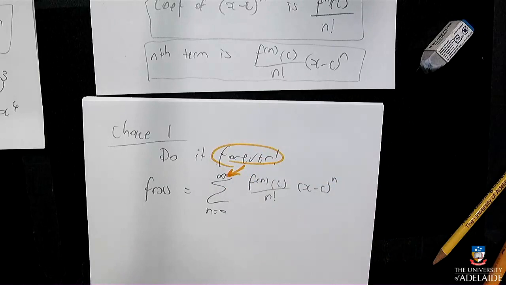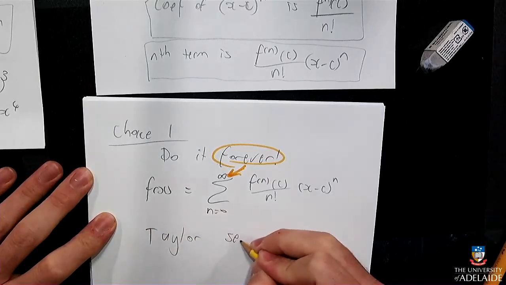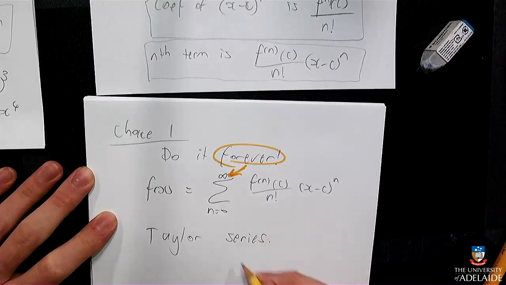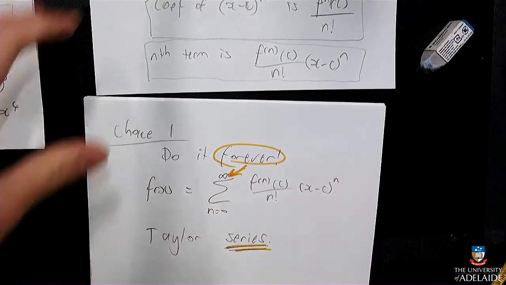If I do it forever, let's just do all the terms. And of course we don't have to actually do it forever, because the maths will do the rest for us. Okay? So that's great. And this is called a Taylor series. So if you do it forever, it's called a Taylor series.